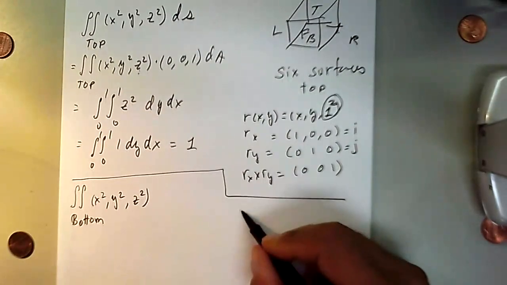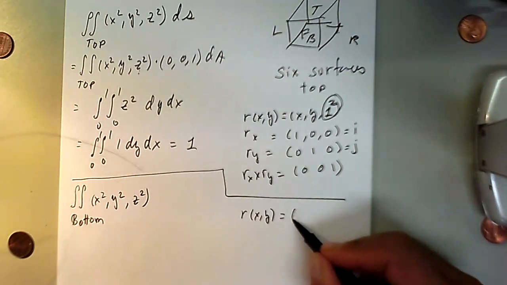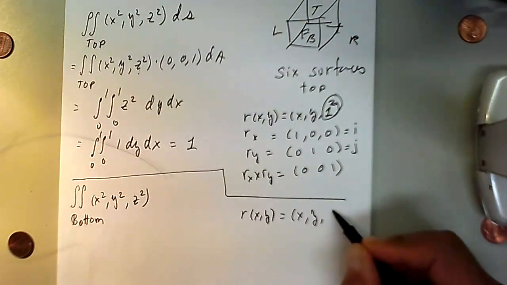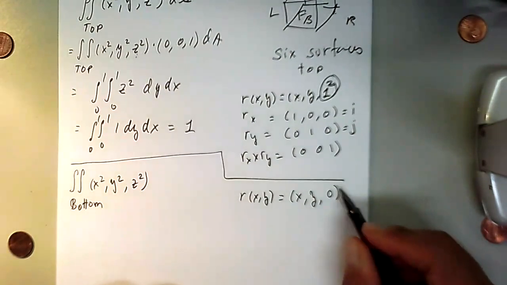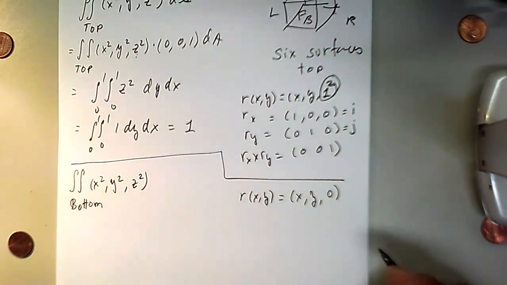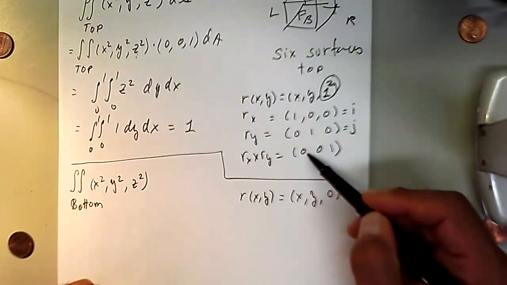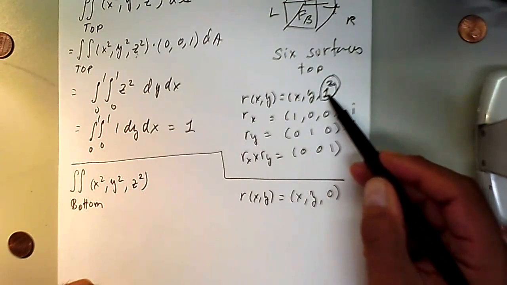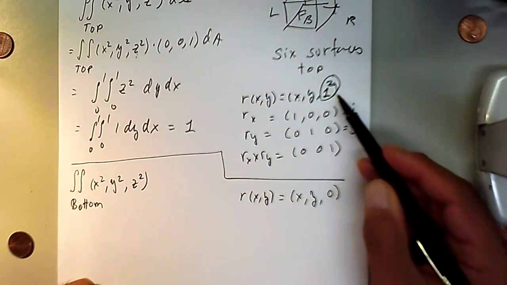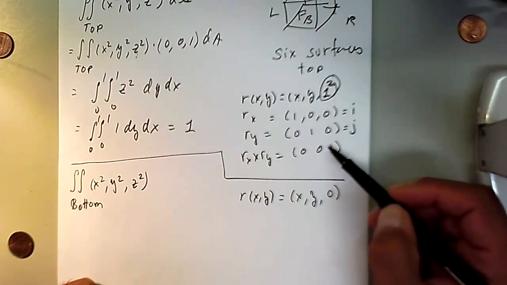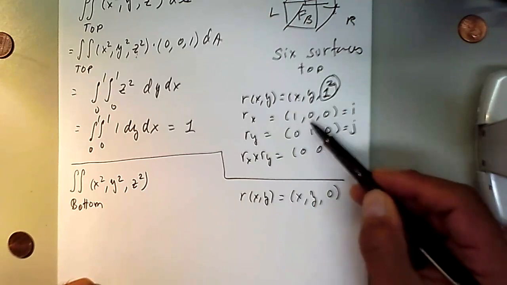The parameterization of the bottom is pretty much the same way as the top, x, y, but the bottom will have a z coordinate of 0 across the bottom. That's why it is the bottom. So we repeat everything. The only difference is that instead of 1, we're going to have a 0 compared to the top surface. But that does not affect the cross product or the partial derivatives.